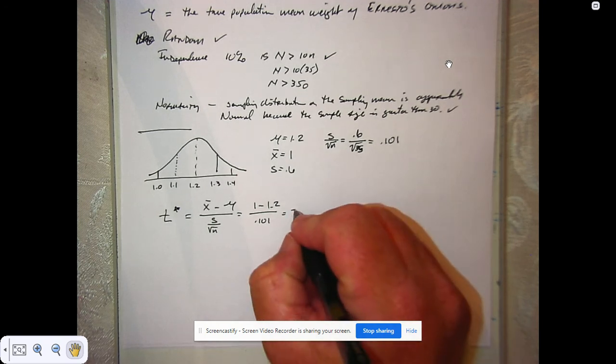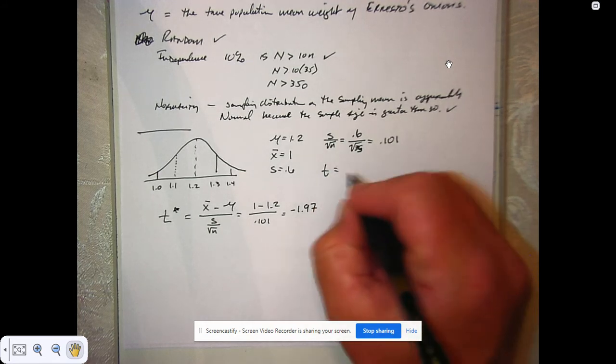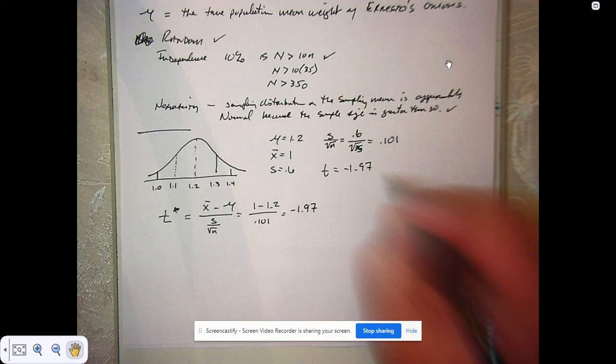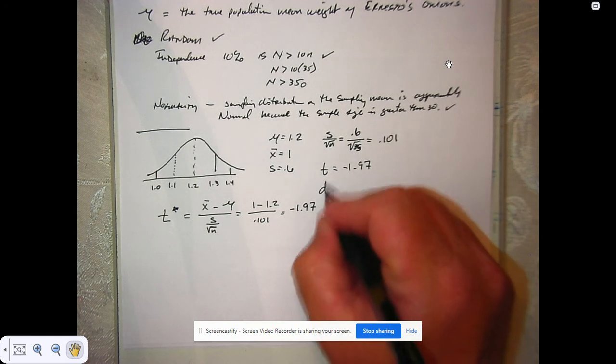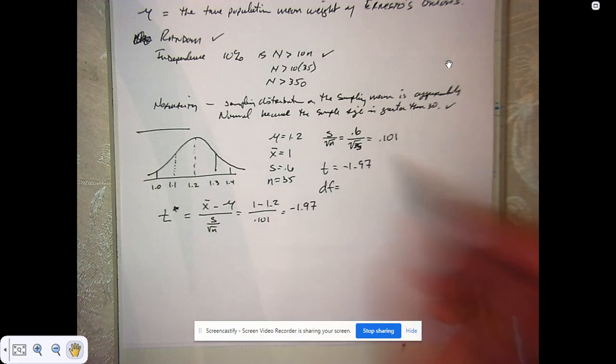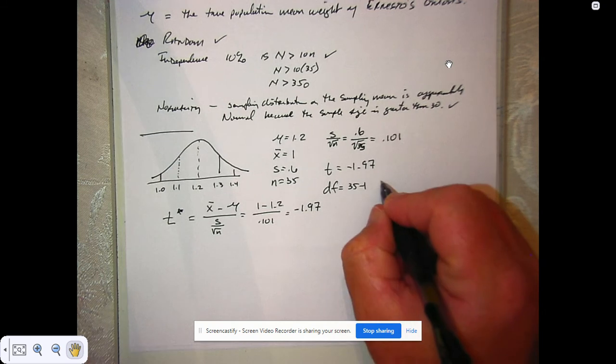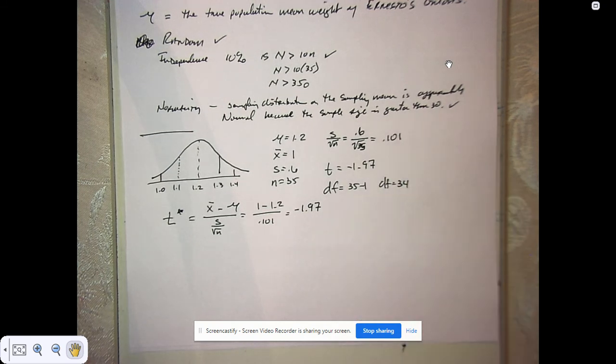This will be negative 1.97. That's our t-statistic. So t equals negative 1.97. And our degrees of freedom, remember n is 35. That was the number we put in there. So degrees of freedom will be 35 minus 1, or 34. So let's look it up on our sheet, figure out where we're at.